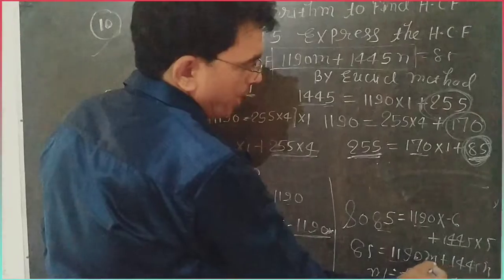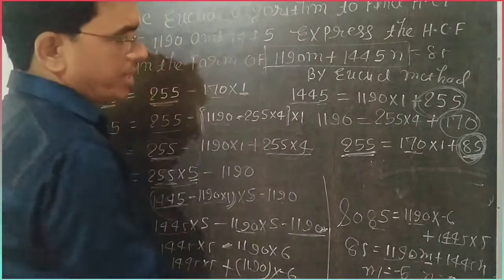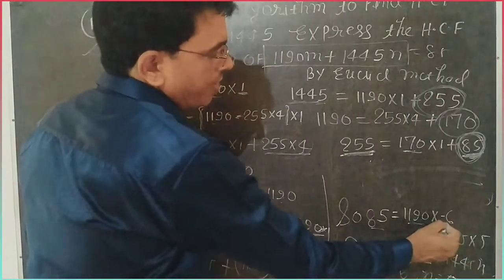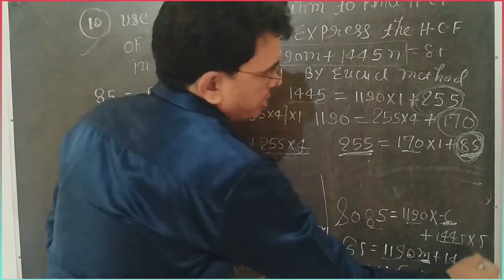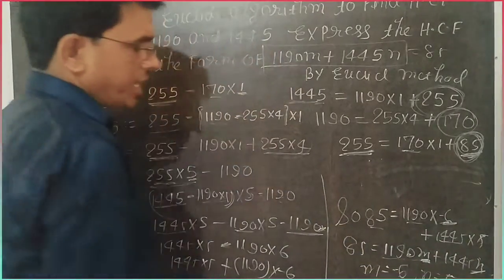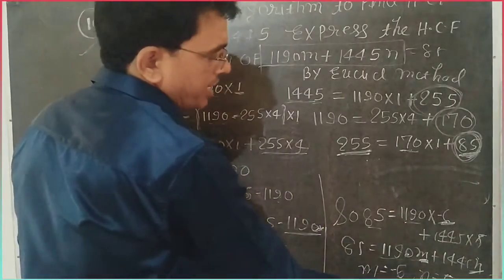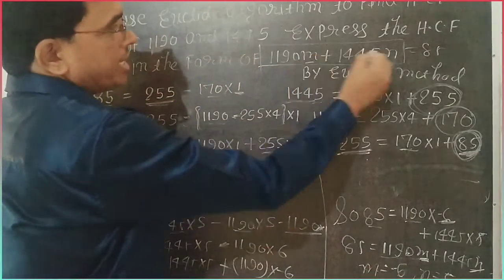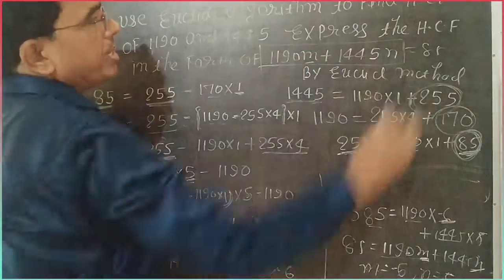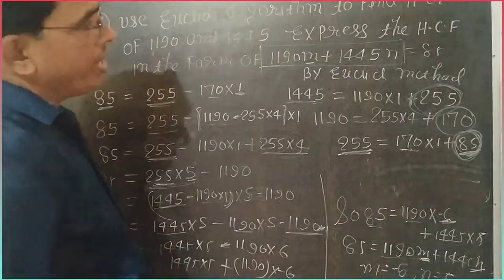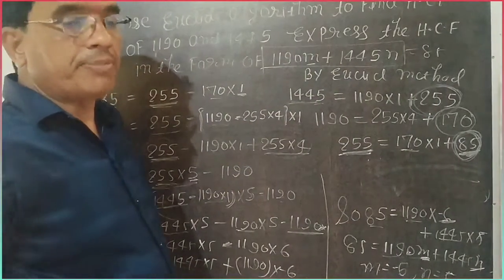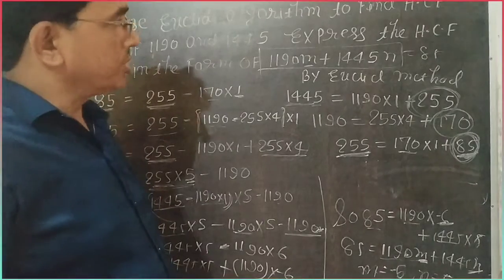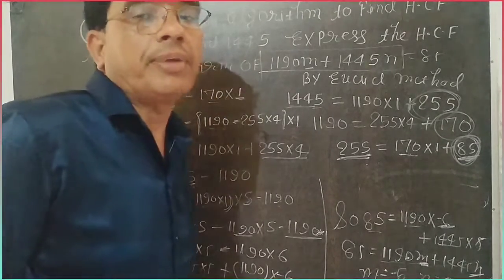So what is the value of m? By comparison between them, you get m is minus 6 and n is 5. So your solution is m is equal to minus 6, n is equal to 5. When we put minus 6 and 5 here, you get 85. So this is a very important question for the board examinations. Dear student, solve these questions 1 or 2 times. Thank you.